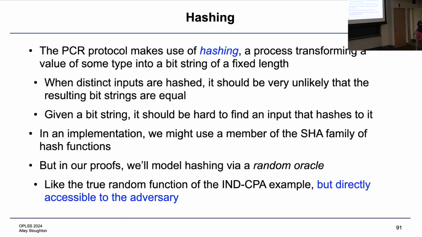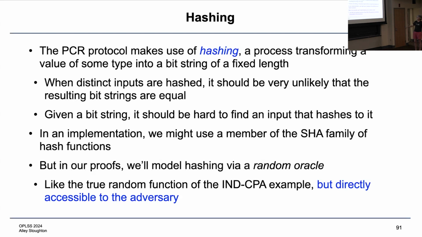The protocol makes use of hashing. And what we want from hashing is that it should be very unlikely that hashing different inputs results in the same bit strings, and it should be hard, given a hash result, to find something that hashes to it. We could use one of the SHA functions, SHA-3 for instance, for hashing.